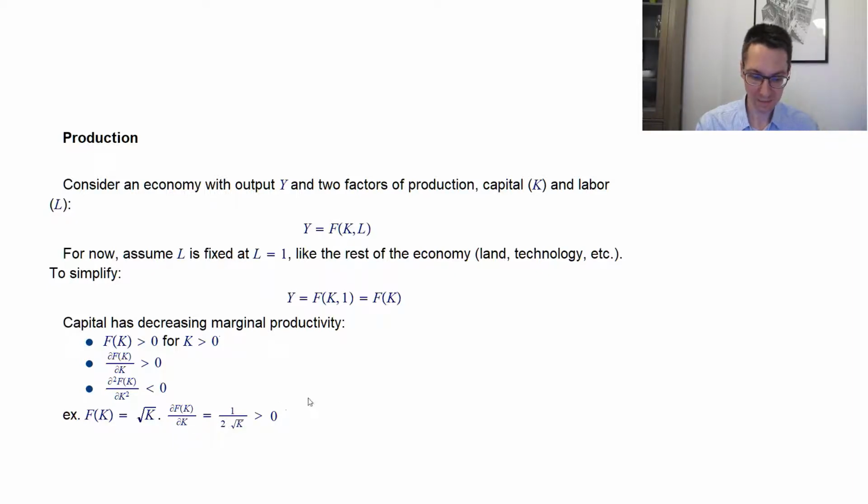And then the second derivative, so I again derive this expression a second time. So what do I get? Since k is at the bottom, I'm going to get some negative amount. So minus 1/4 multiplied by 1/k to the 3 halves.